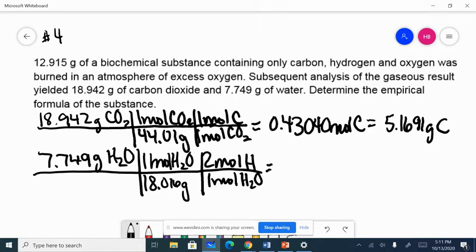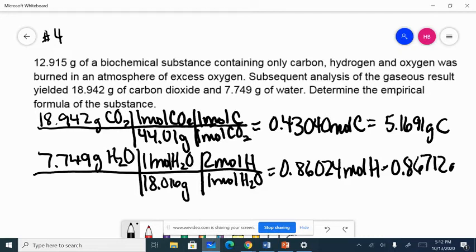And 0.73357 moles of hydrogen, which is 0.86024 moles of hydrogen multiplied by the molar mass, and that's 0.86712 grams of hydrogen.